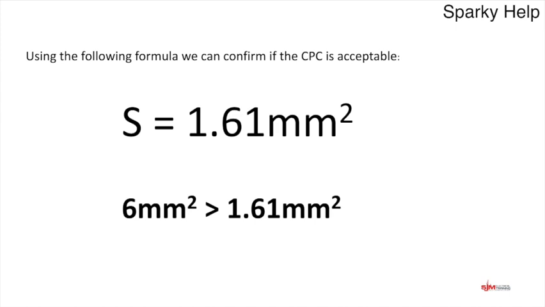And the answer is no, because if you put a 2.5 cable in, that would change the resistance, which would therefore change the current and may well change the disconnection time. The only bit that would stay the same would be K, so if you did want to change the cable, you'd have to recalculate all the others to confirm whether it is correct. But as our 6mm is above the 1.61, it means the 6mm is adequate.